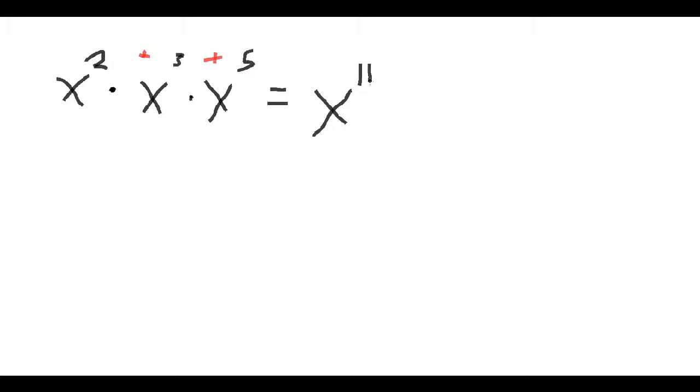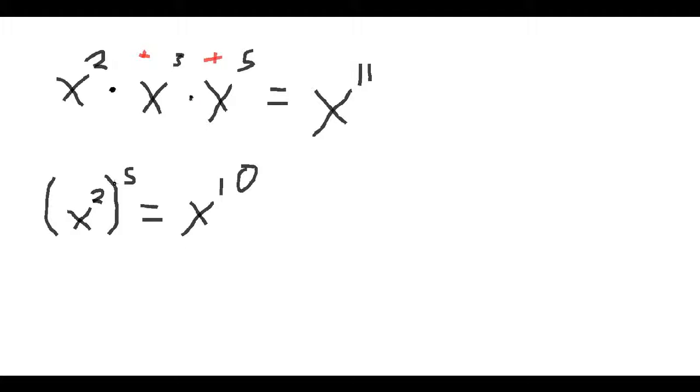Now, however, if you see this, let's say 2, and then maybe another exponent 5, then we have to multiply those two, and then we get x to the 10. So I hope you all see the difference.